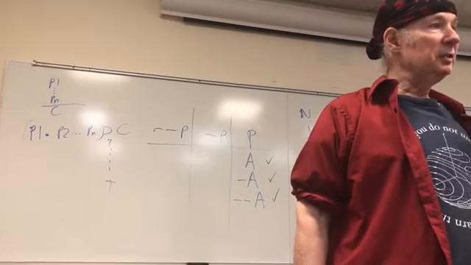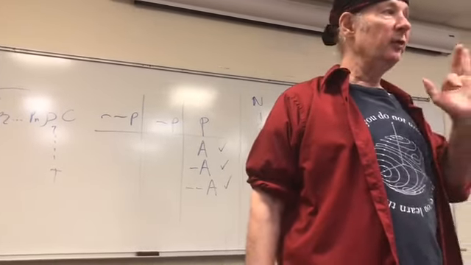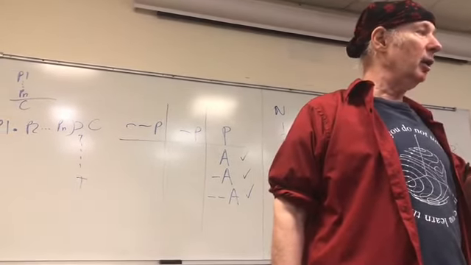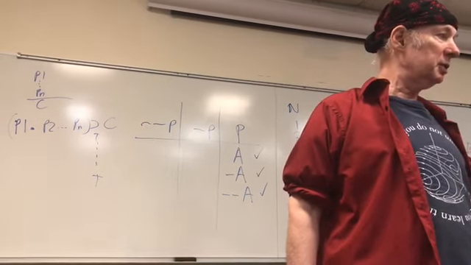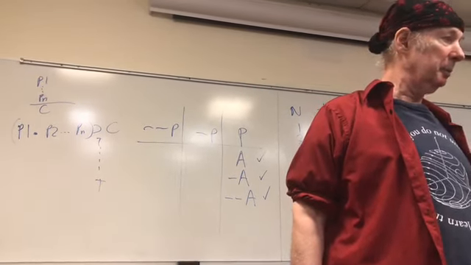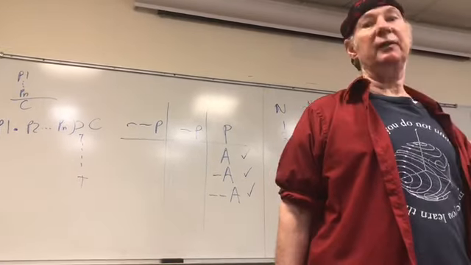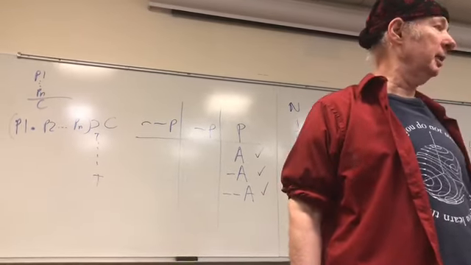Shape is not concerned with truth value. A and squiggle A are both substitution instances of the variable P. Thus, they have the same shape relative to P.